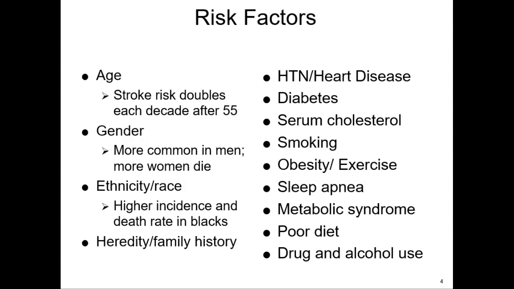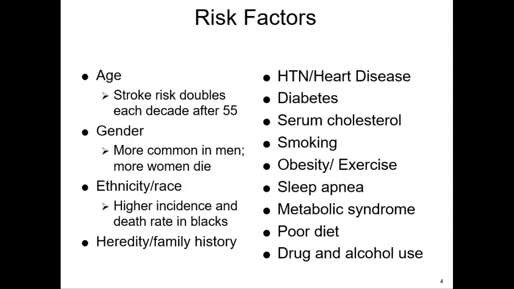So right there on your left side, what you have are non-modifiable risk factors, right? You can't change your age, your gender, your ethnicity, or your family history. But what you can change is on the right. Those are considered modifiable. So hypertension is the most important risk factor for stroke, and proper treatment can reduce strokes by up to 50%. So the goal for hypertension is to have a systolic blood pressure less than 140.